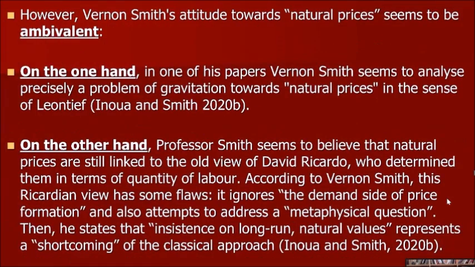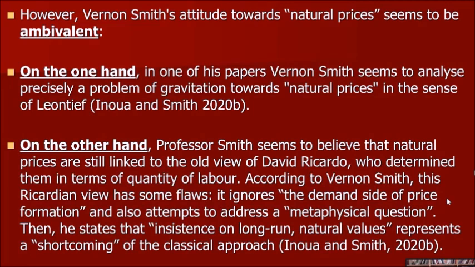Now, the big issue is that Vernon Smith's attitude towards natural prices seems to be ambivalent. On the one hand, in one of his papers, and we saw something about that in lecture, Vernon Smith seems to analyze precisely a problem of gravitation towards natural prices in the sense of Leontief.